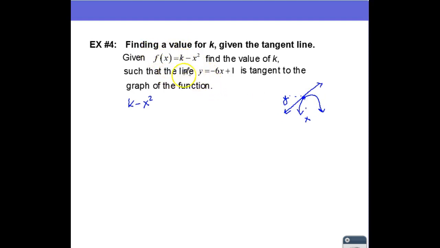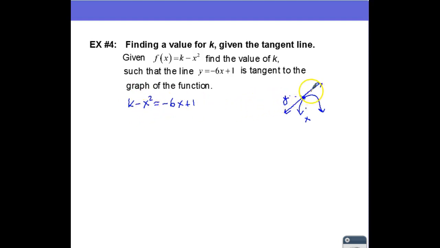So that means f of x is equal to y, and k minus x squared is equal to negative 6x plus 1. So this is based on the idea that the y value of the line has the same y value as the parabola at this point. Now I've got an equation, k minus x squared equals negative 6x plus 1, and I want to know what is the slope of this quadratic.